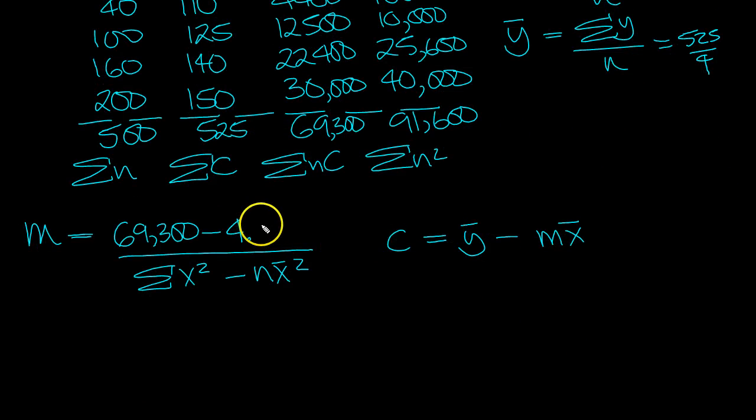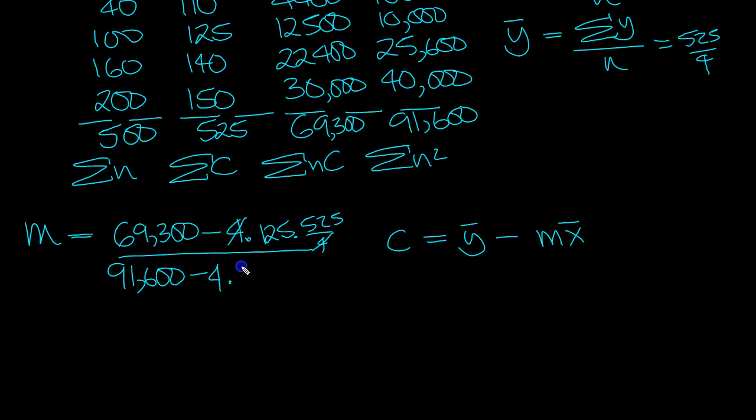So x bar is 125 and y bar was 525 over the 4, and that will cancel with that 4, over the summation of the x squareds, 91,600, minus 4 lots of x bar squared, which is 125 squared.